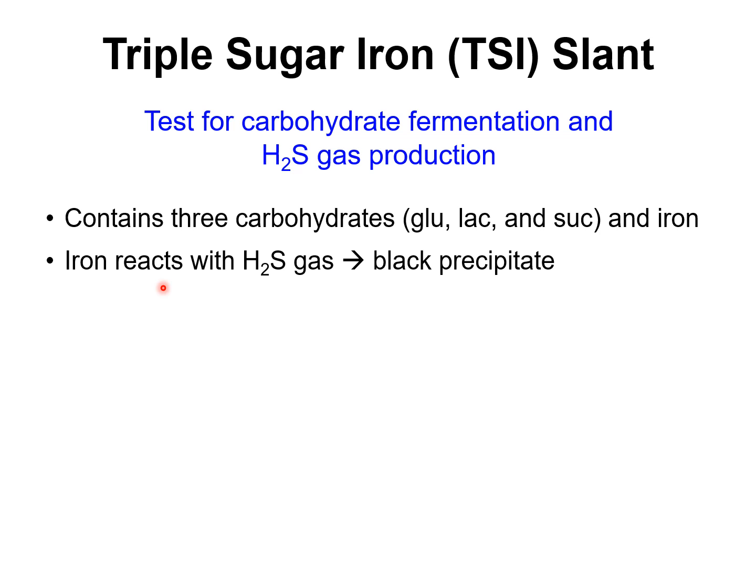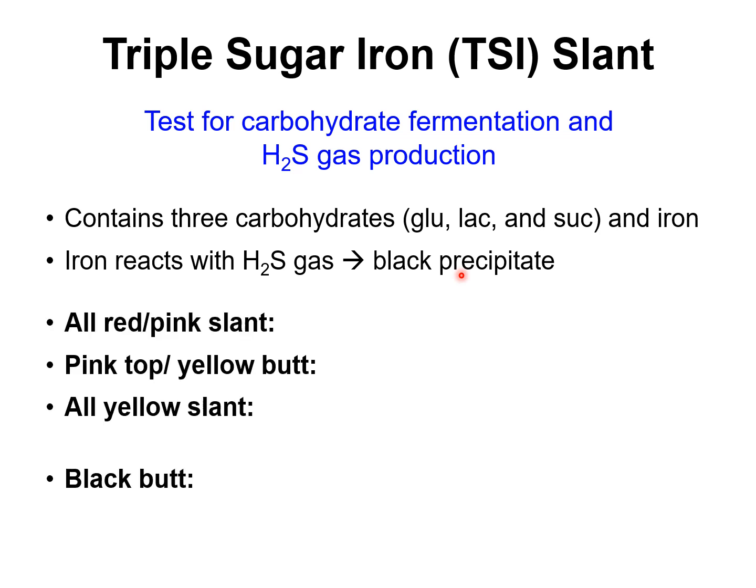Well, if there is hydrogen gas production, then the hydrogen gas is going to react with the iron in the test tube. And if it reacts with it, you're going to see a black color, a black precipitate that's going to form. So let me list some of the results and then show you the pictures for it.